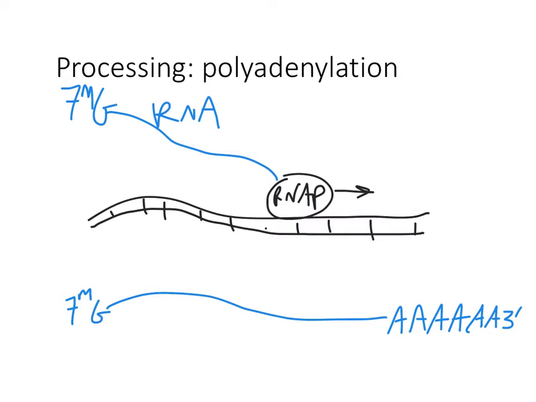Those A's are there to keep these enzymes, which I guess I'll diagram as sort of Pac-Man-like things, from grabbing on. These enzymes do exist. They grab onto the 3' ends of RNA molecules and they start removing nucleotides. They start chewing up the RNA molecules from their 3' ends.